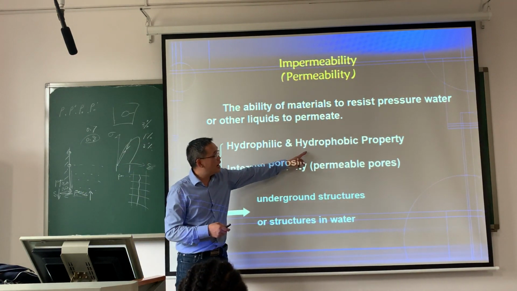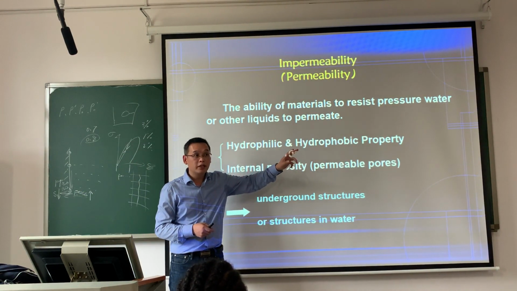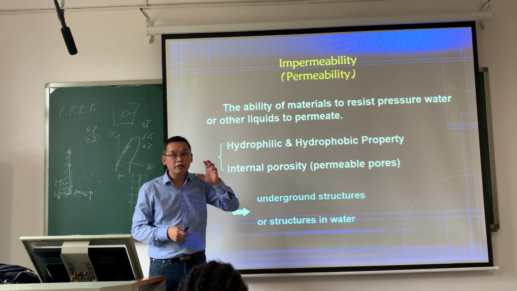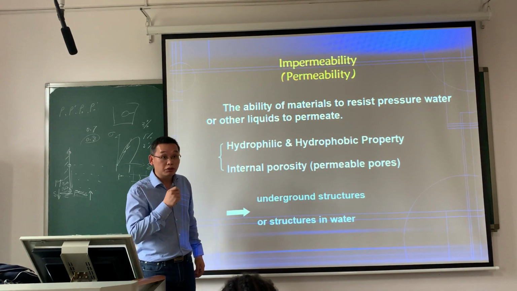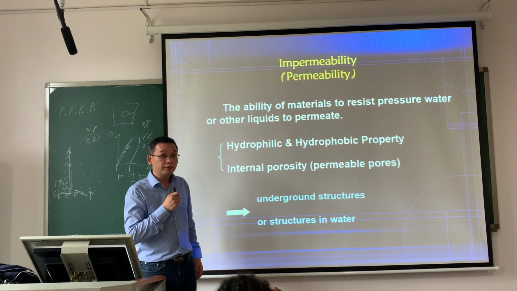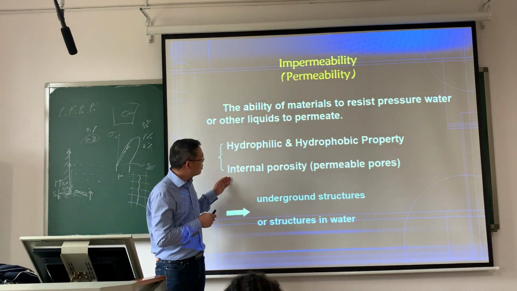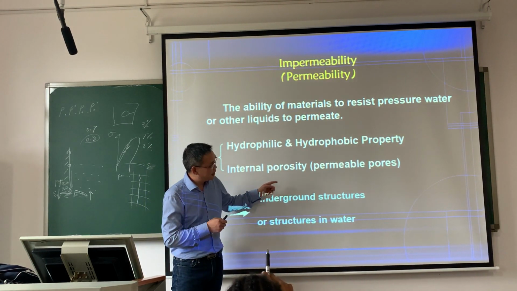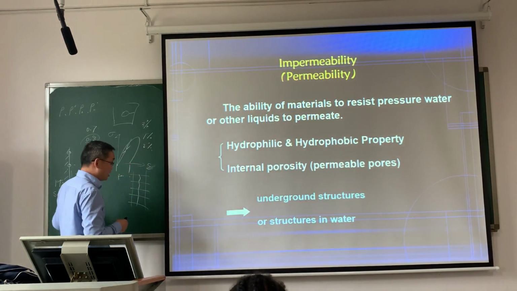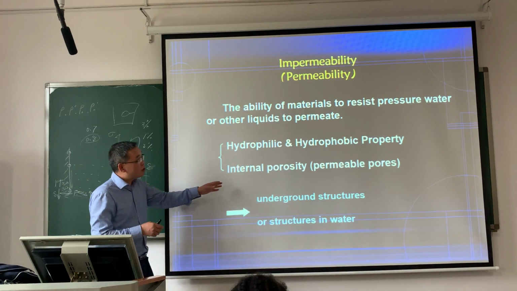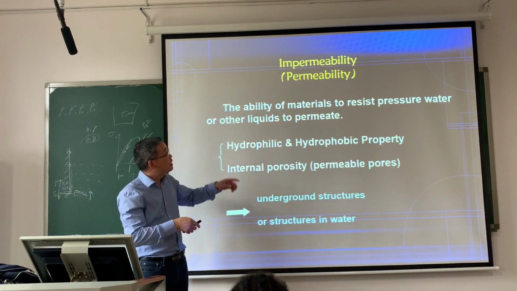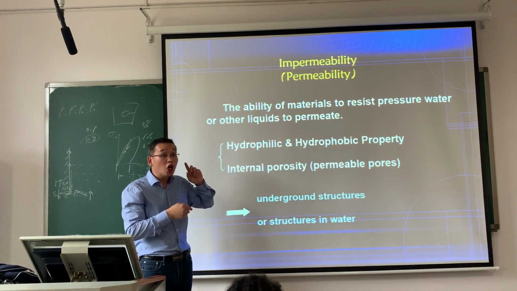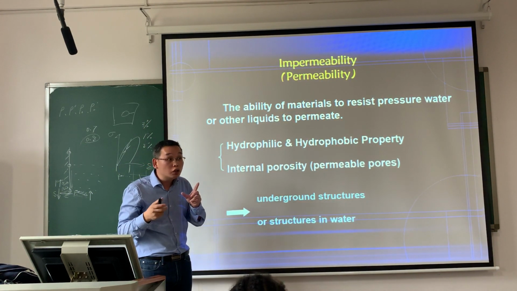If the material is hydrophobic, the impermeability of it is good. Another factor is the internal porosity. If the internal porosity is high, it means the impermeability of the material is good or bad?